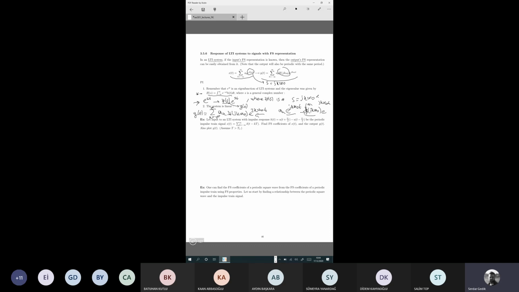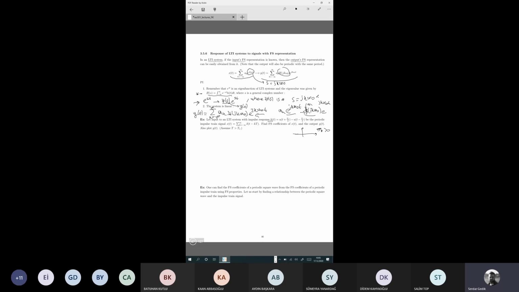We will see this with an example. I have an LTI system with impulse response given by h(t) here. What does this h(t) look like if you plot it? Assume T1 is larger than 0.